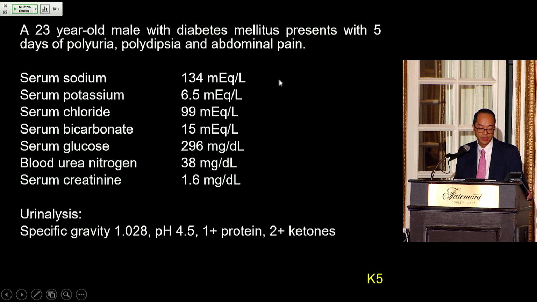Okay, next. A 23-year-old male with diabetes mellitus presents with 5 days of polyuria, polydipsia, and abdominal pain. And his K is 6.5. Bicarb is 15. Glucose is 296, BUN is 38, creatinine 1.6, and urine shows a pH of 4.5, 2 plus ketones.